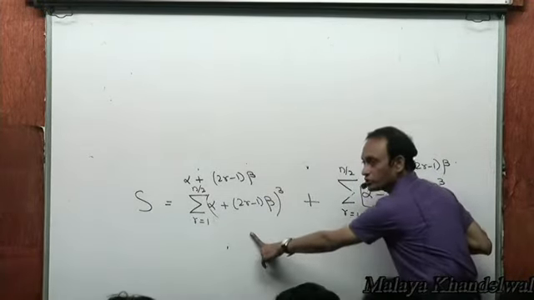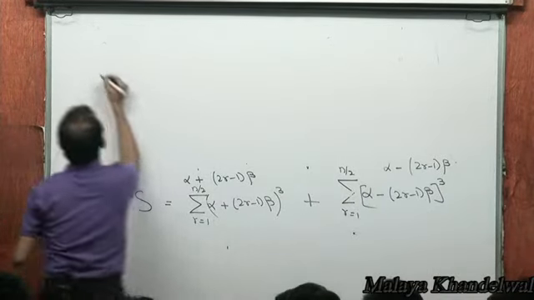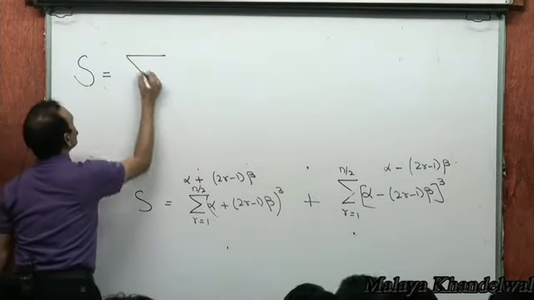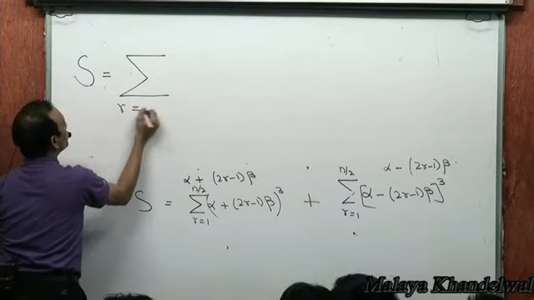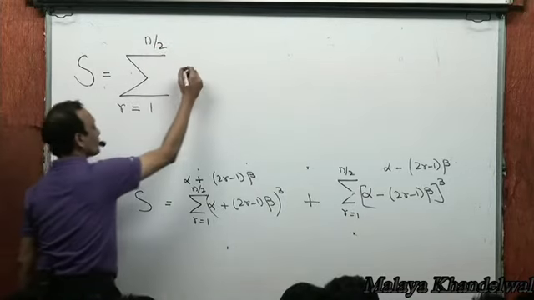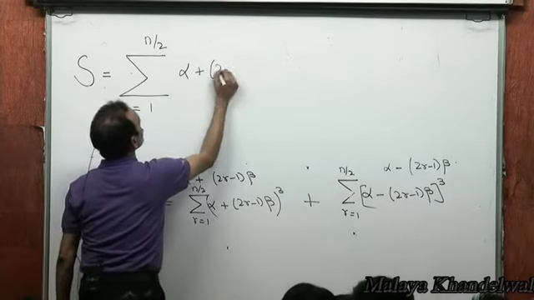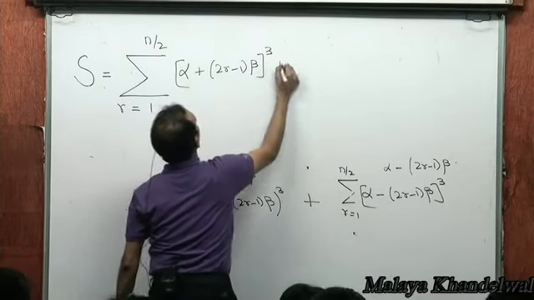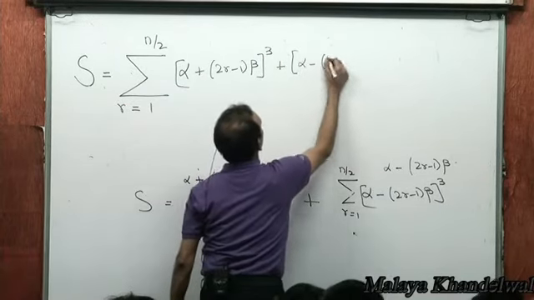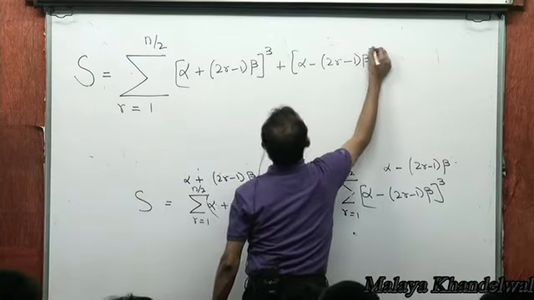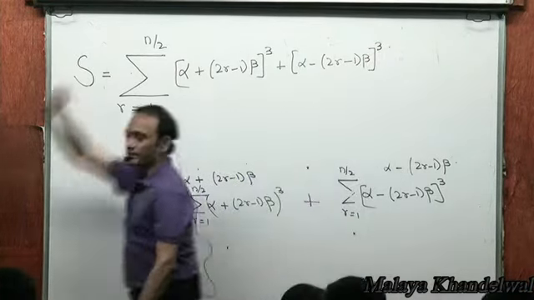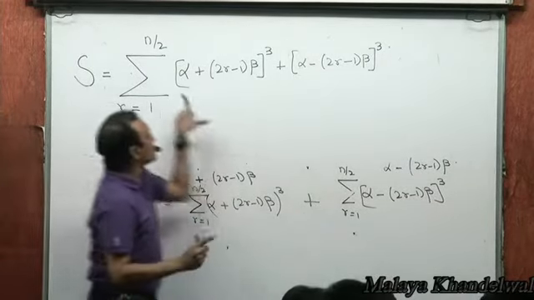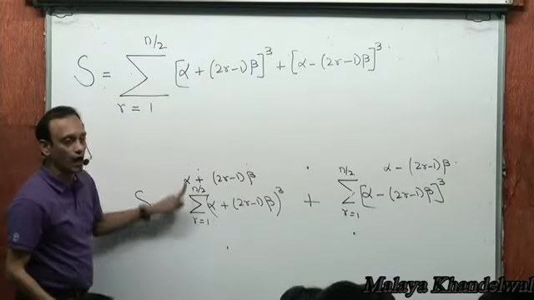Then from the property of summation notation, S would be, all under a common summation sign, r equal to 1 to n by 2, alpha plus (2r minus 1) beta cubed plus alpha minus (2r minus 1) beta cubed, r equal to 1 to n by 2. What do you say? This is what we need to simplify, putting both of them under a common summation sign, because they have the same lower and upper limits.